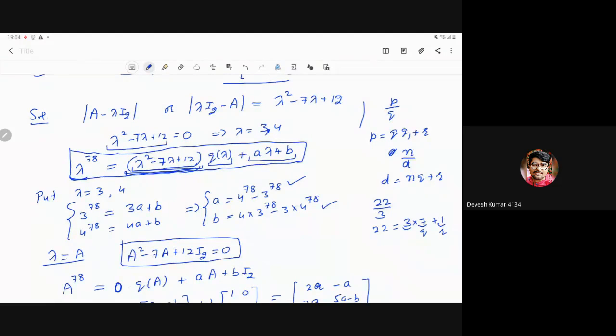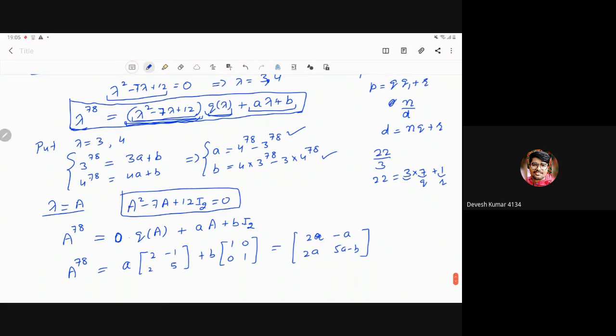Then I divided lambda power 78 by lambda square minus 7 lambda plus 12 with a purpose. You can see later. By the division algorithm, there is some quotient plus remainder. The remainder is a linear polynomial in lambda. That I have explained already in detail.